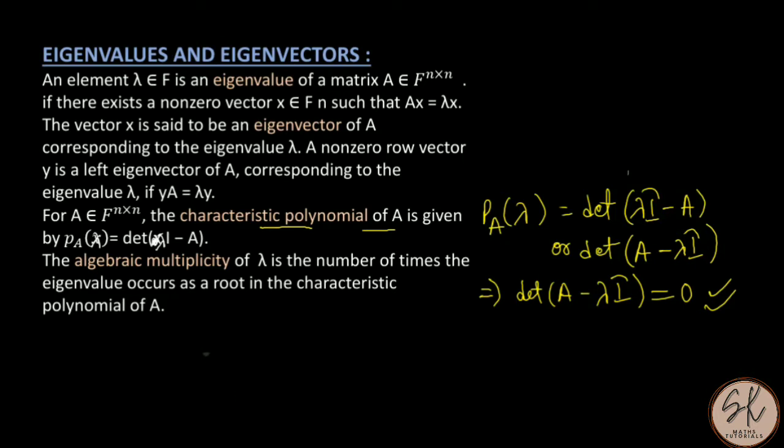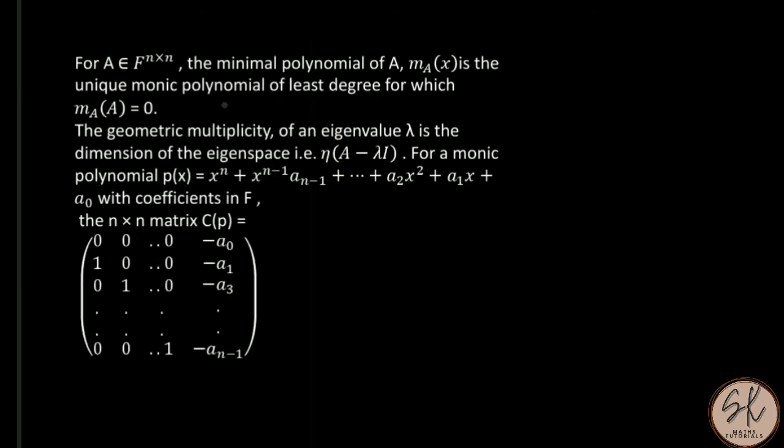Now next let us see what is the algebraic multiplicity of lambda. The algebraic multiplicity of lambda is the number of times the eigenvalue occurs as a root in the characteristic polynomial of A. I will explain all this through an example, but before that let us see what is the geometric multiplicity.